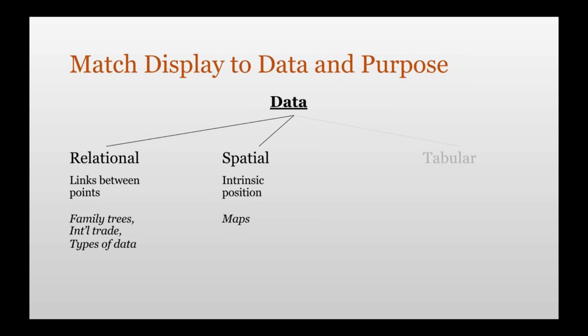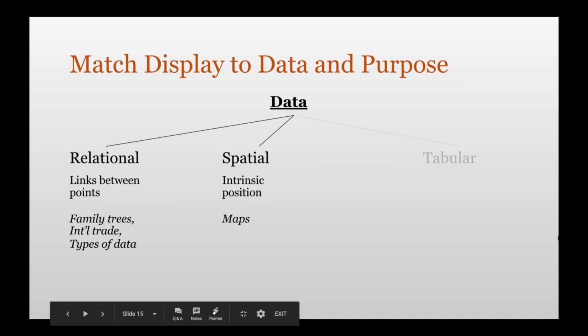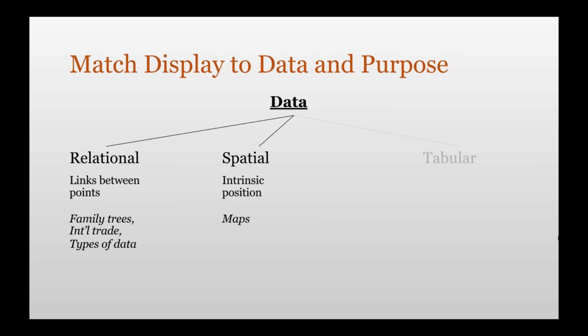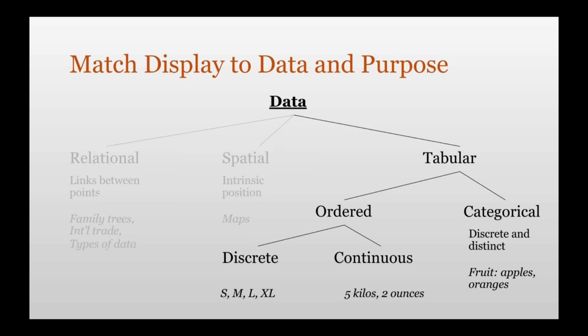With spatial data, you don't really have a say in what longitude and latitude is. Longitude and latitude refers to a specific point on a map. And so obviously maps are the best example here. But you can think of other examples, things like star maps, where if you're looking at stars in the sky and you want to position each of them, the actual position is what matters.